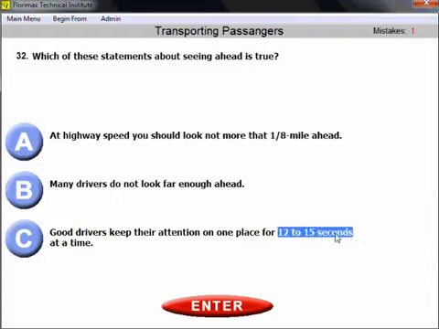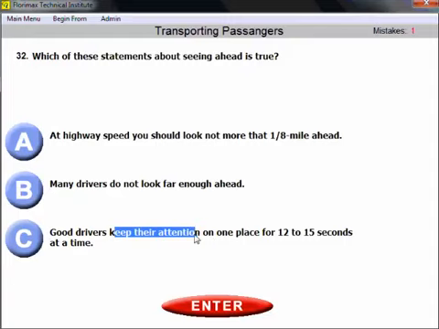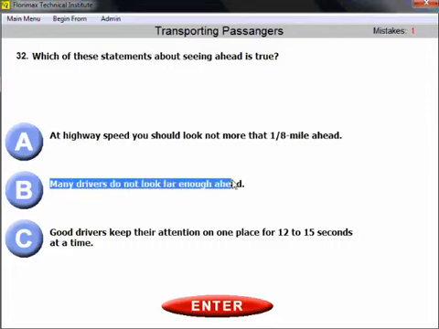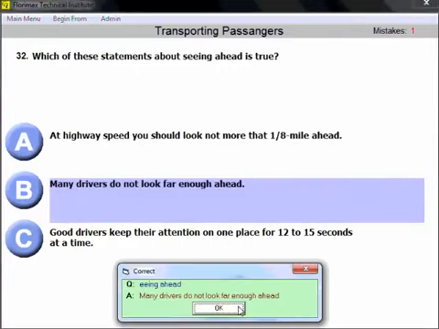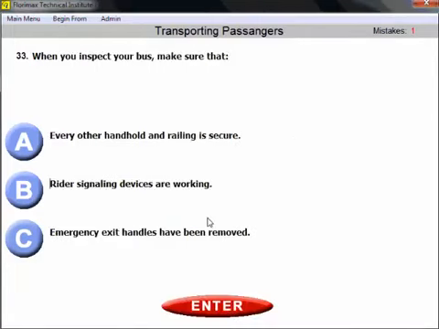Be very careful. Look at one place, which is not good. That's how far you should look ahead. But in this particular option, you are asked to keep the attention. Definitely wrong. And the right answer here is many drivers do not look far enough ahead. That's the correct answer. Unfortunately, this is one of the causes of accidents, because people do not look ahead far enough.